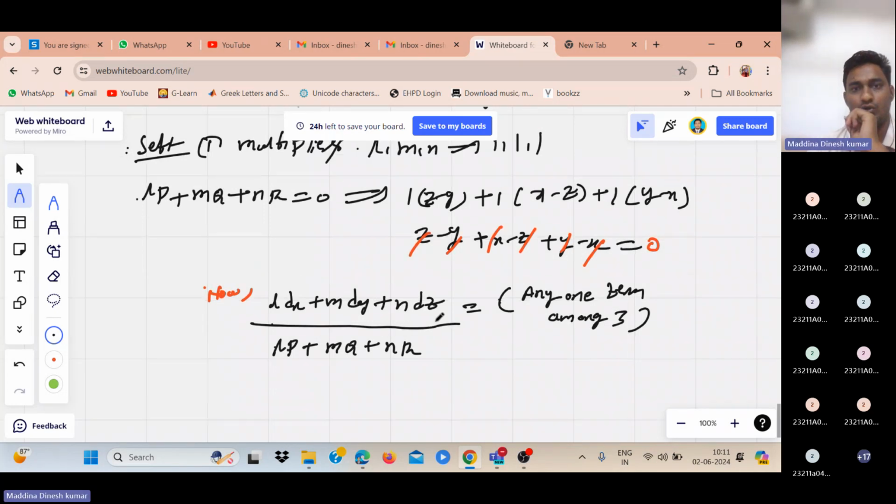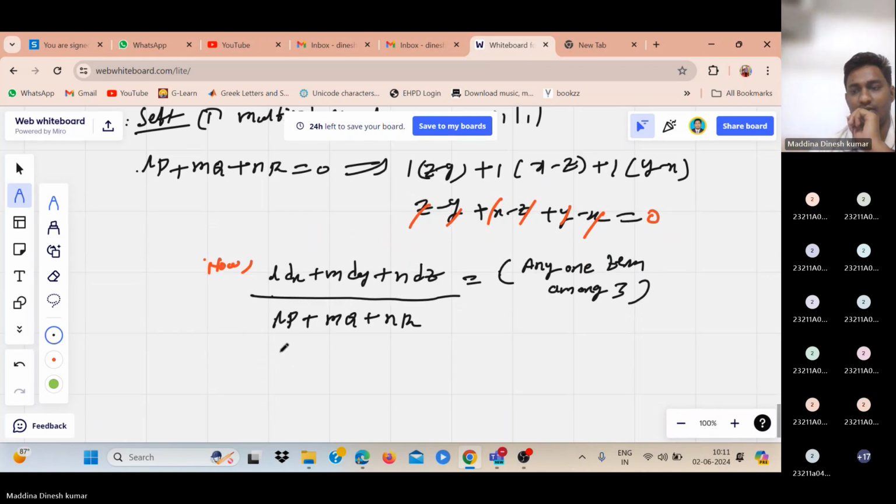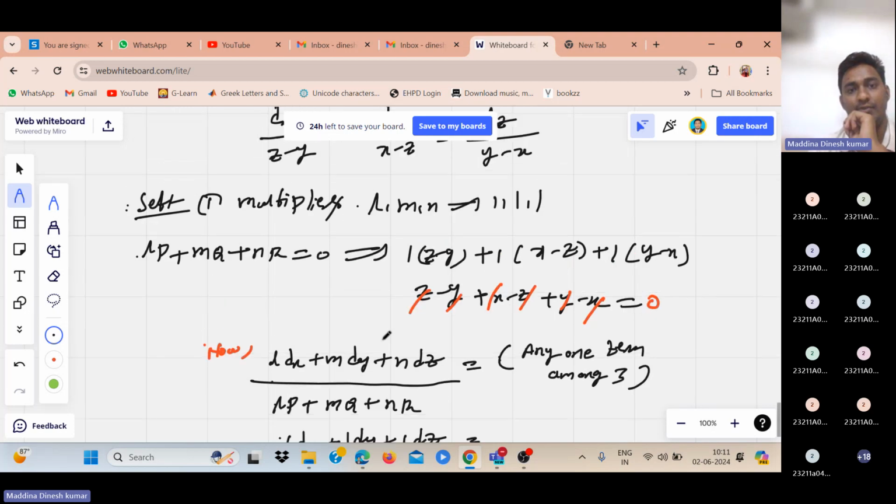L, M, N are 1, 1, 1, so 1 dx plus 1 dy plus 1 dz equal to, see here, LP plus MQ plus NR will be equal to 0. We only chose it intentionally.